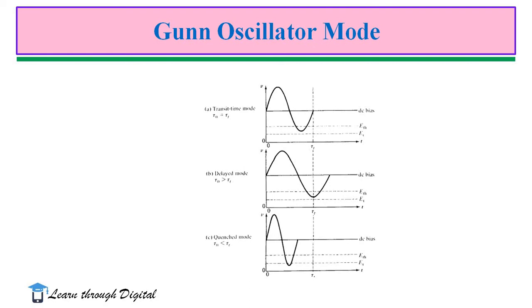Hence, in this mode, the domain is quenched before it reaches the anode. Therefore, the oscillation occurs at the frequency of the resonant circuit rather than at the transit time frequency. The resonant frequency of the circuit is several times the transit time frequency. The efficiency is 13%.